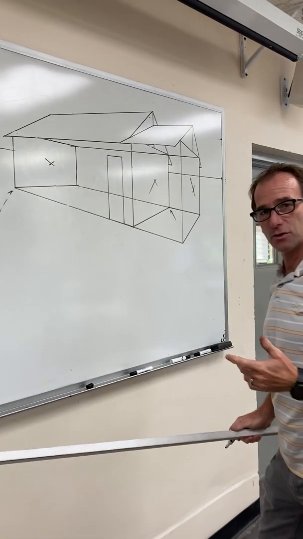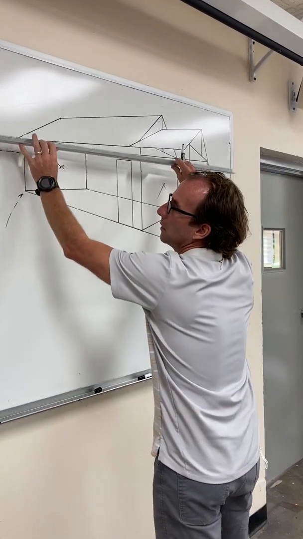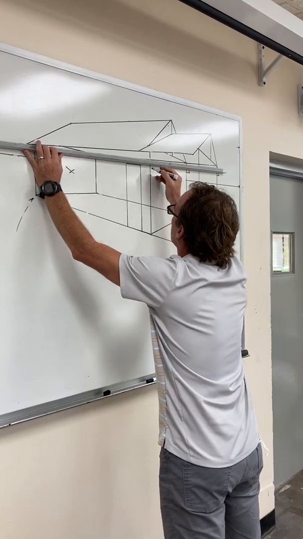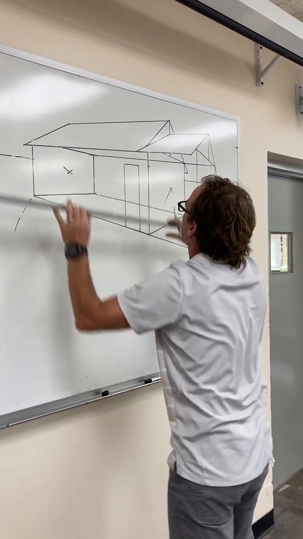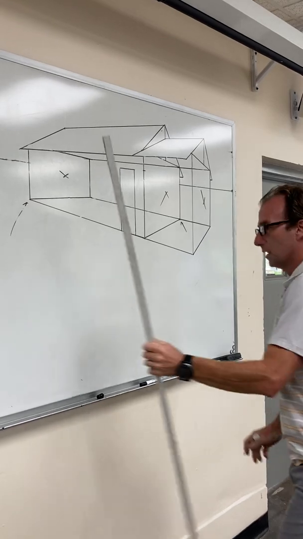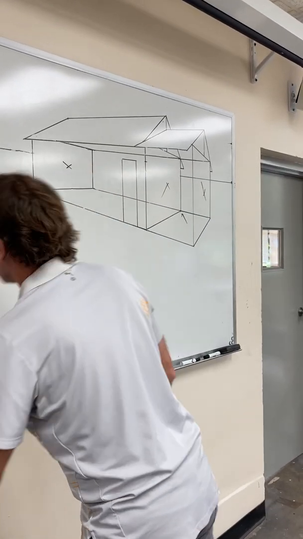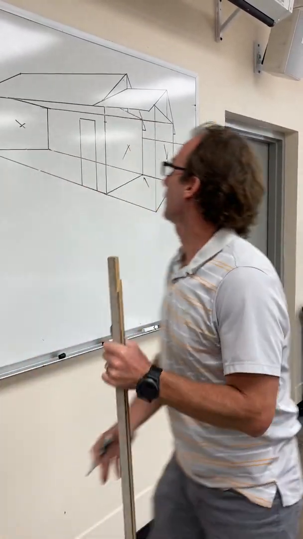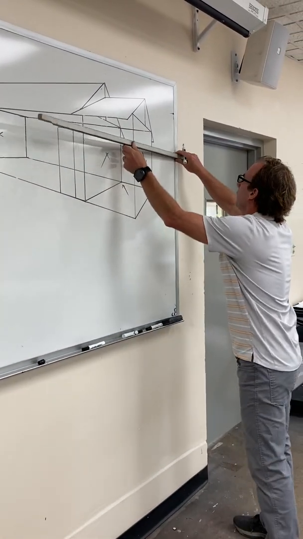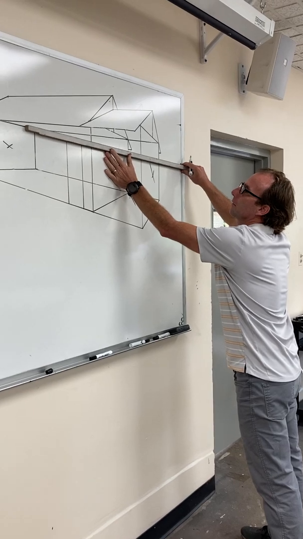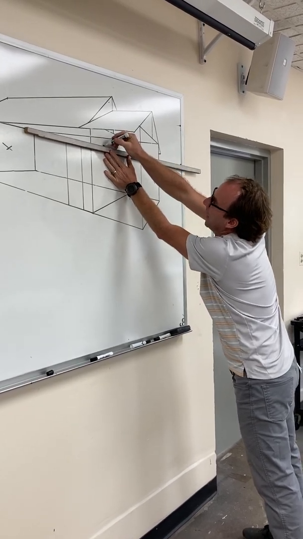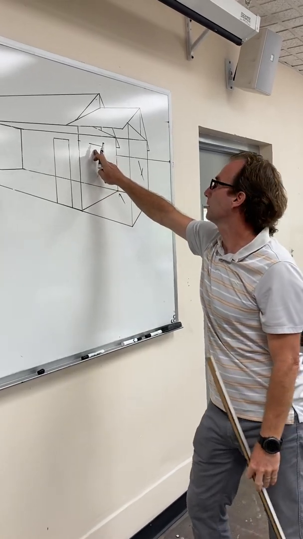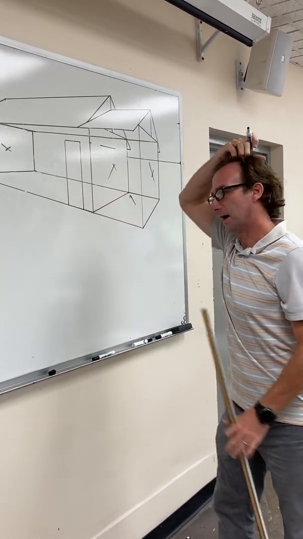Now I want to draw another door in my garage. So I'm going to go vanishing point through the top of the new door, make a little mark on the corner of the house where the house and the garage meet. Then what I'm going to do is I'm going to go from the vanishing point to that mark on the garage, indicating the top of the door for the front of the house. And now I have a corresponding door that's going to be in the garage, okay?